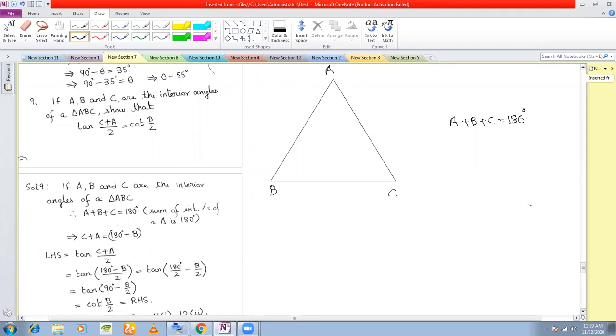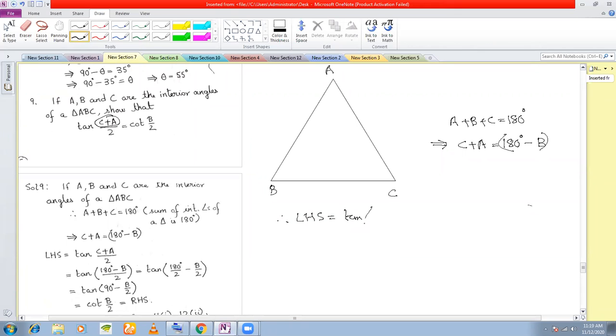Now from here, you see that you have a C plus A here. Okay, so what you do here is you find out the value of C plus A. C plus A will be 180 degree minus B, right? So therefore, we start from the left hand side now.